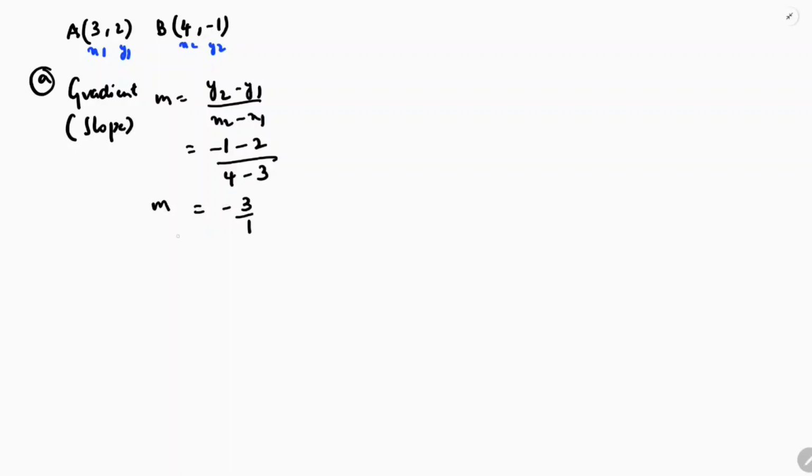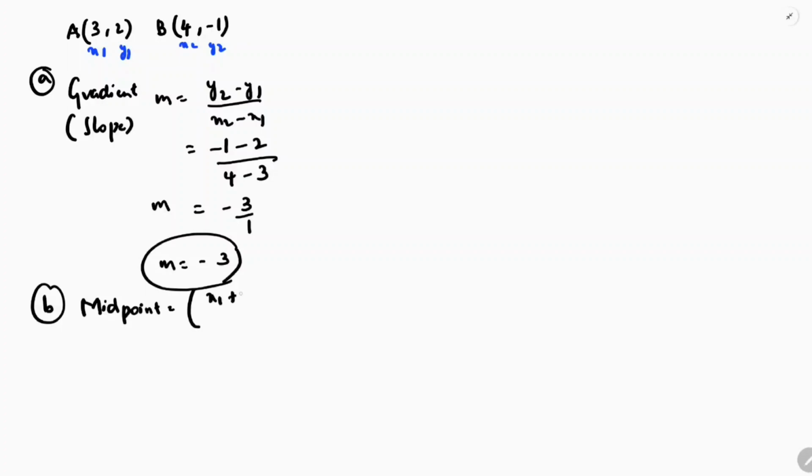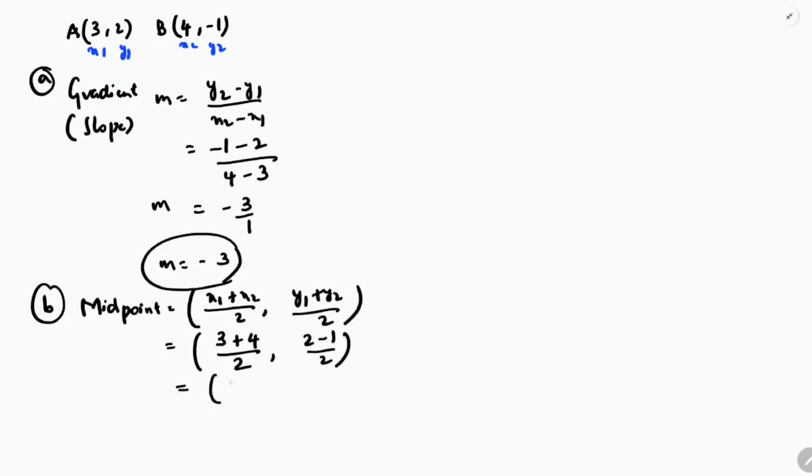So slope is minus 3. Next, midpoint: (x1 plus x2) by 2, (y1 plus y2) by 2. x1 is 3, x2 is 4, by 2; 2 minus 1 by 2. So midpoint is (7 by 2, 1 by 2).